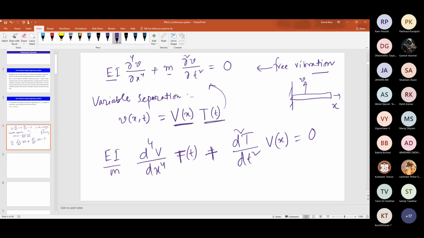Now you see the partial derivatives are now replaced by ordinary derivatives because we have taken the variable separation and written the response like this. If I substitute it there, I get this.